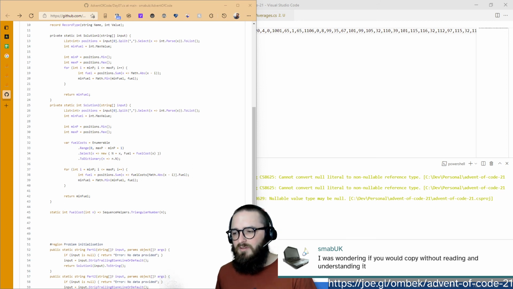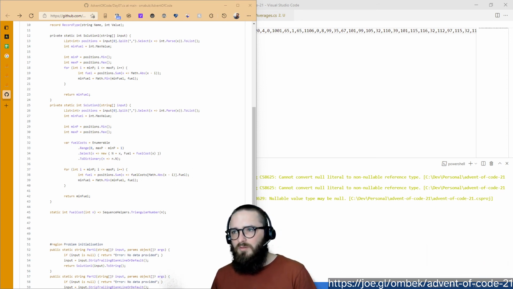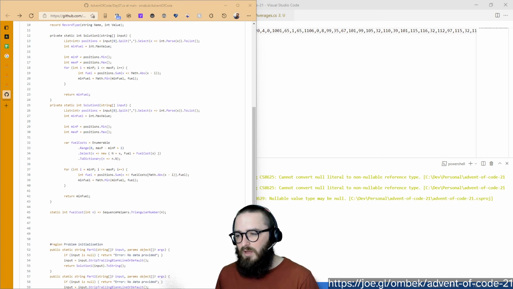Unless you're looking at the mode, the median, and doing something with those. Because the mode is sort of highlighting the ones that you don't have to move for at all.